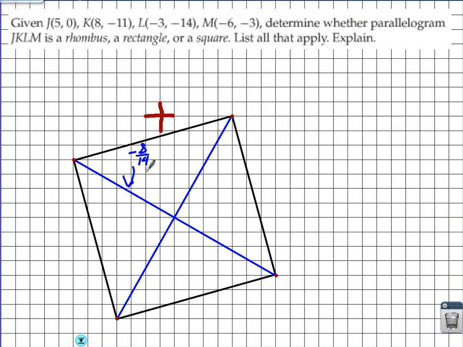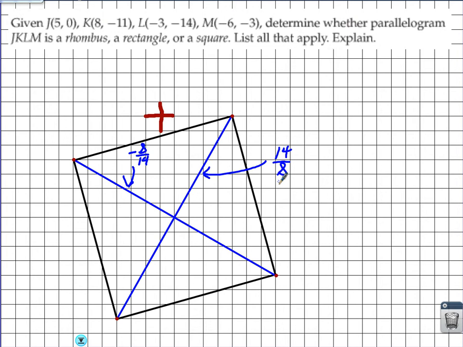Is that the slope? And from here to here, we have 14 and 8. So the slope of this line is 14 over 8. Negative 8 over 14, positive 14 over 8.